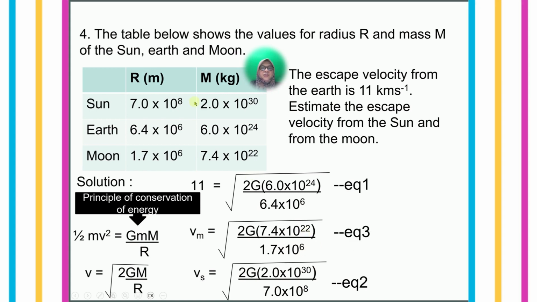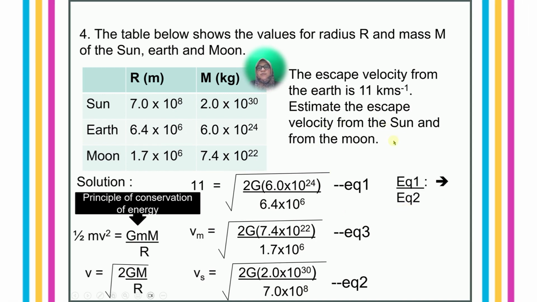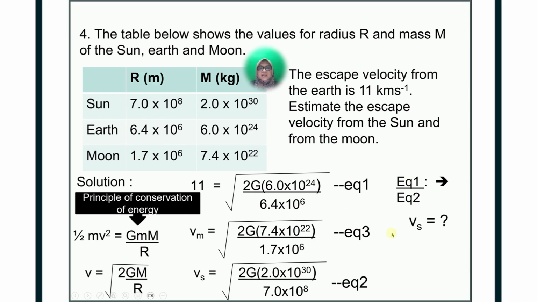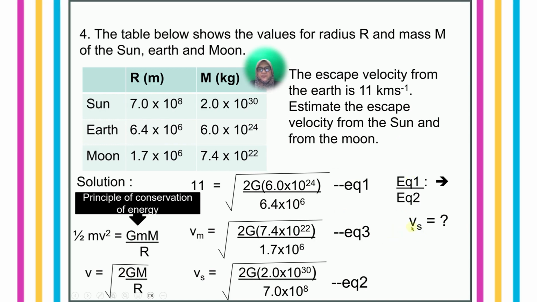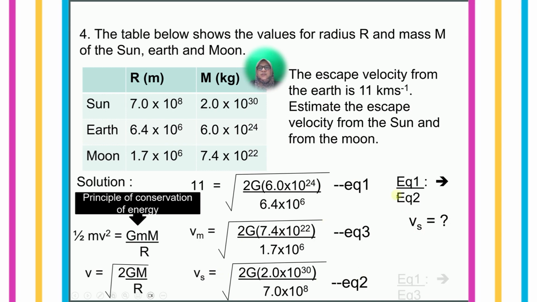So we have 3 equations by using the values given in the table. Okay, so we are going to find the escape velocity from the Sun and from the Moon. So for the Sun, we use equation 1 and equation 2. We use ratio, and for the Moon, we use equation 1 over equation 3. Okay, so now we do this.